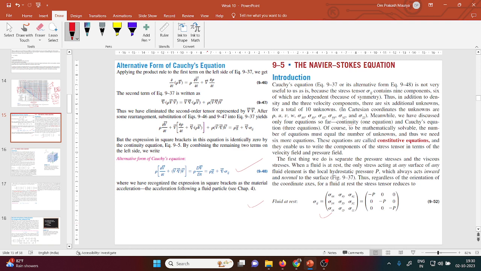Of course, to be mathematically solved, the number of equations must be equal to the number of unknowns. Yes, definitely. Thus we need 6 more equations, because we already have 4 equations, and these equations are called constitutive equations. They enable us to write the components of a stress tensor in terms of the velocity field and the pressure field.